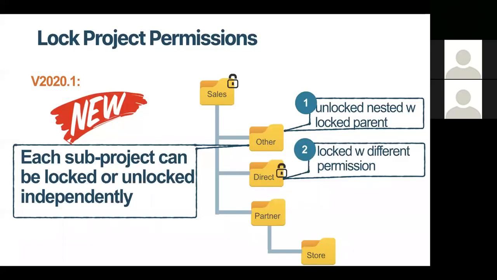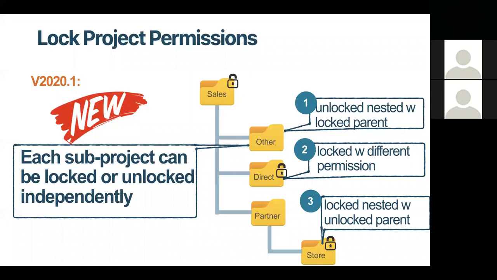Second scenario, a sub project can be locked, but with different permissions settings. Third scenario, where the parent is not locked, however, a child project is locked and also with whatever permissions you want to set. I know it's hard to grasp how this works until you see it. Let's do a demo.